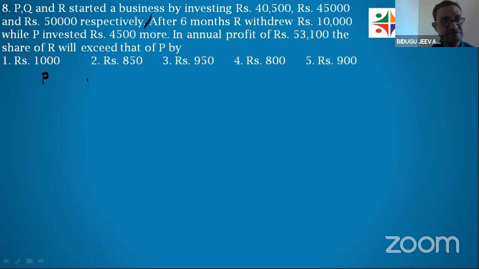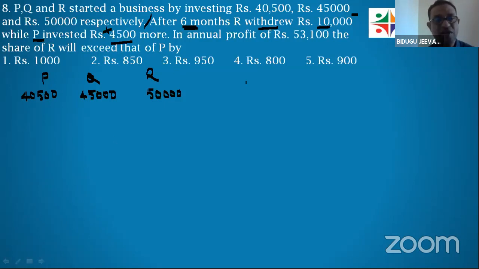So P, Q, R. Listen, 40,500 invested, another one is 45,000, another is 50,000. After 6 months, R withdraws 10,000, withdraw is minus. P invested 4,000 more and added, plus. So this is the situation that happened after 6 months.